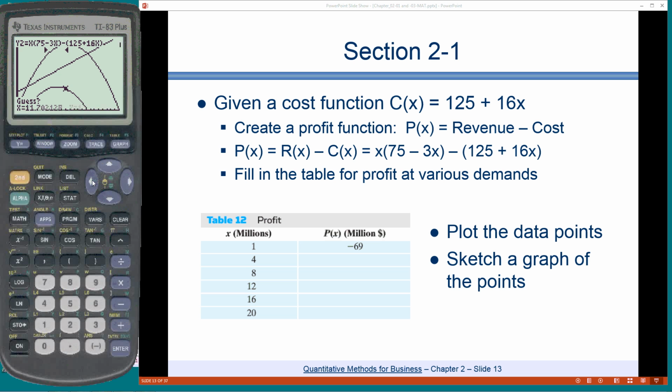And it still wants our guess. So I'll move back somewhere in the middle and hit enter. And it tells me the maximum profit is going to come from a demand of 9.8333 million units. And our profit is going to be $165.1 million. And that's the maximum profit.